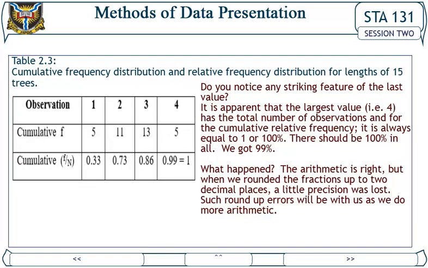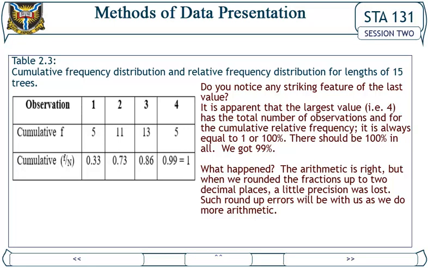Table 2.3, Cumulative frequency distribution and relative frequency distribution for lengths of 15 trees. Do you notice any striking feature of the last value? It is apparent that the largest value, that is 4, has the total number of observations, and for the cumulative relative frequency, it is always equal to 1 or 100%. There should be 100% in all.